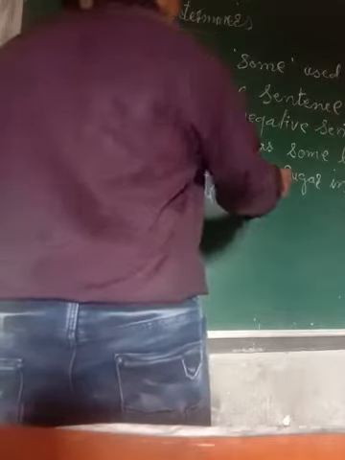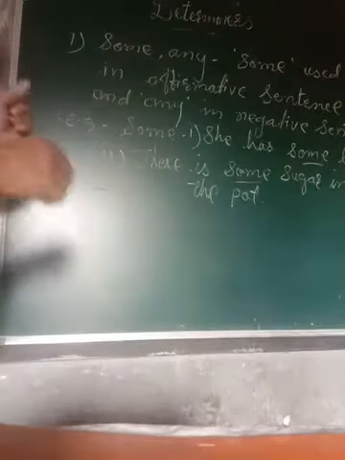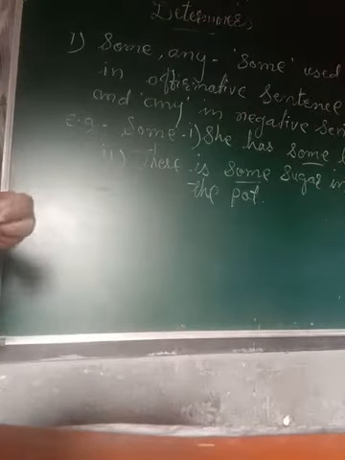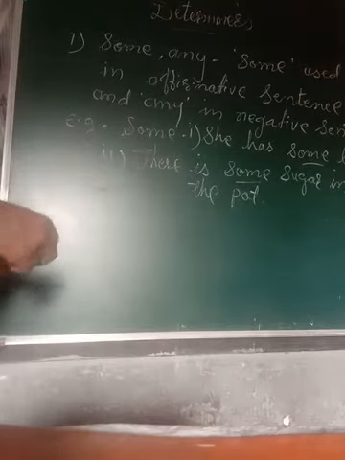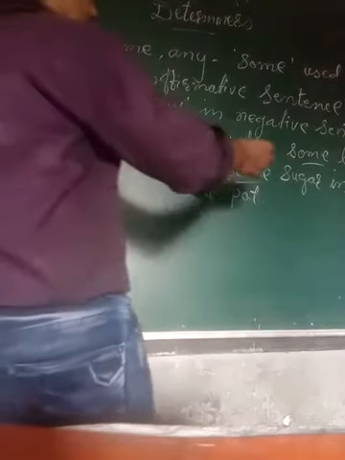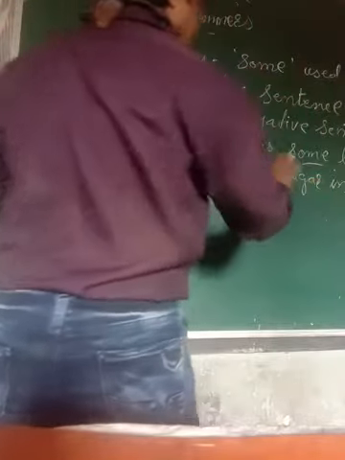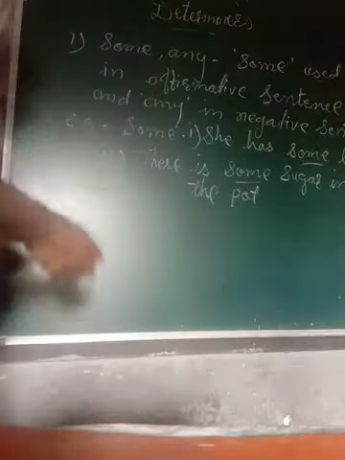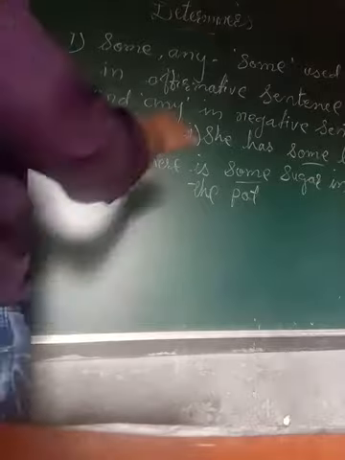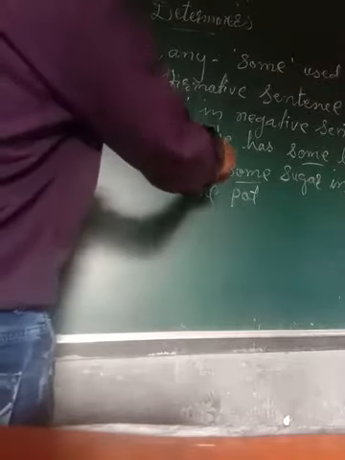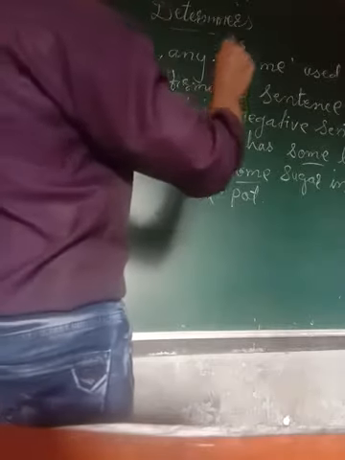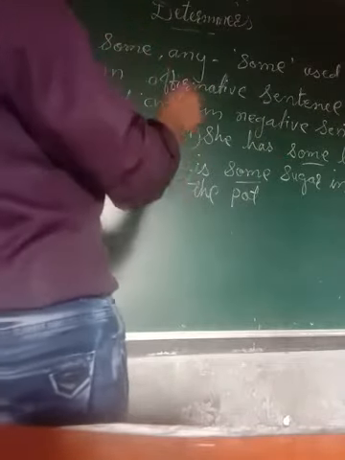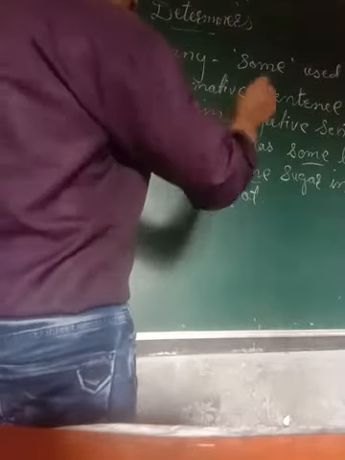Look here, some is in both sentences, and both sentences are affirmative. So some is used in affirmative sentences. You can see that the nouns butter and sugar come after the determiner, because these determiners qualify them. In the first sentence, the determiner some qualifies butter. In the second sentence, some qualifies sugar.